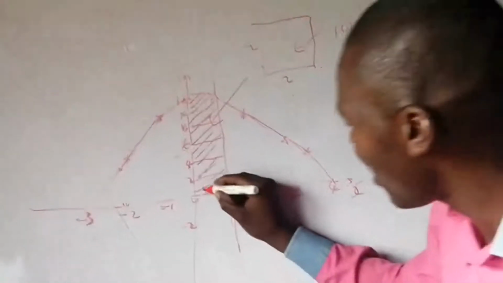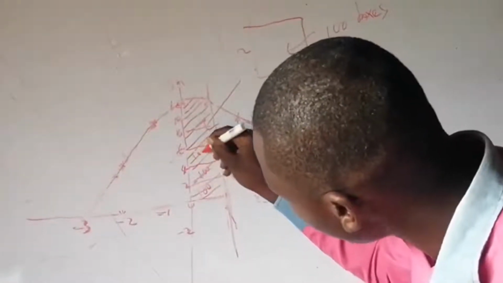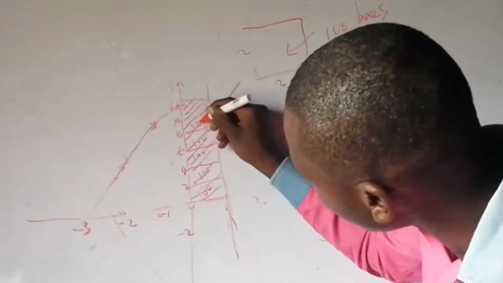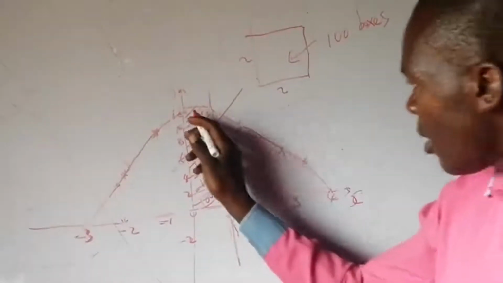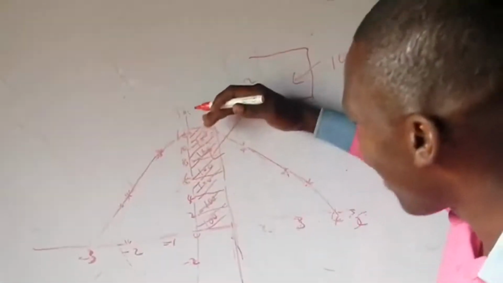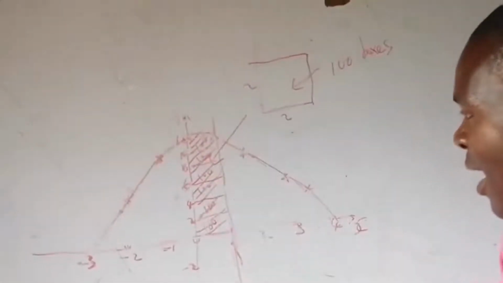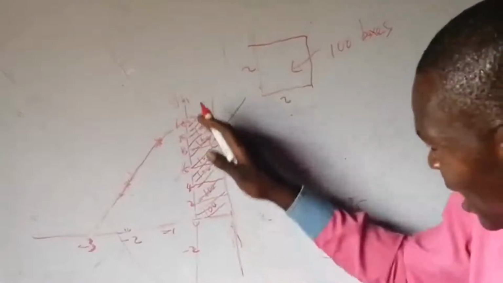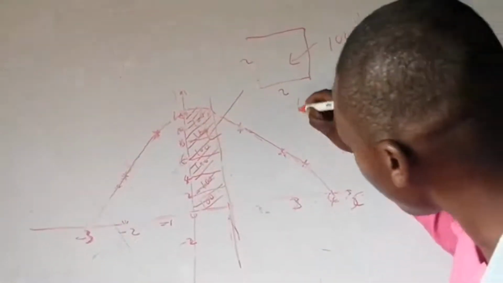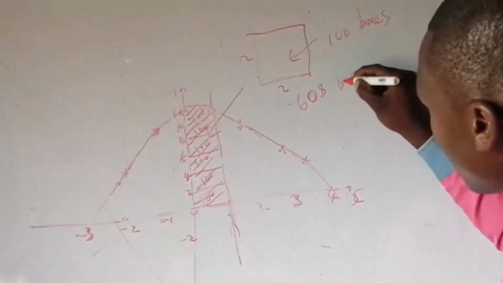Already you know that here we have 100, 100, 100, 100, 100, 100. Just count the boxes on top of these exact squares. If you count the boxes accurately, you find that the total number of boxes is 608.